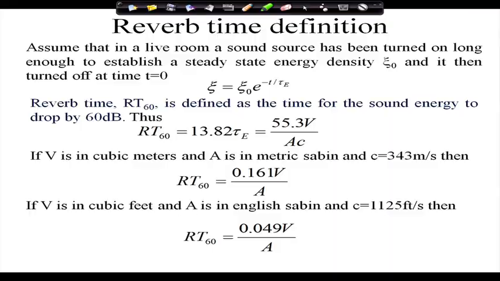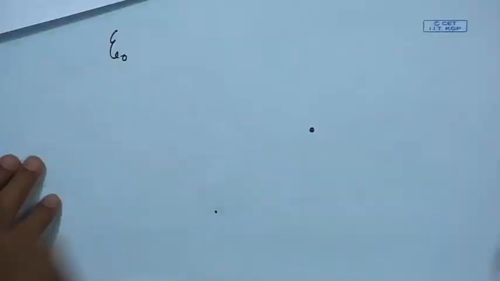Okay. Now, what is reverberation time? You have heard about the reverberation time. Let us assume that in a live room a sound source has been turned on for a long enough period to establish the steady state density. Let the steady state density be psi 0.